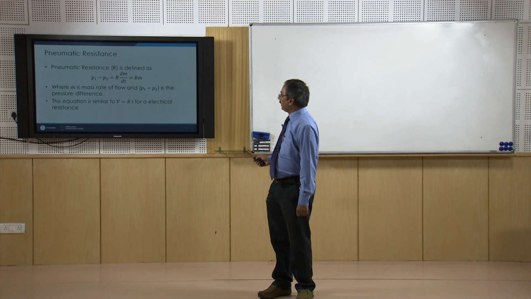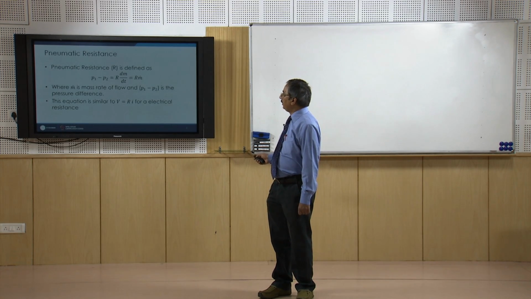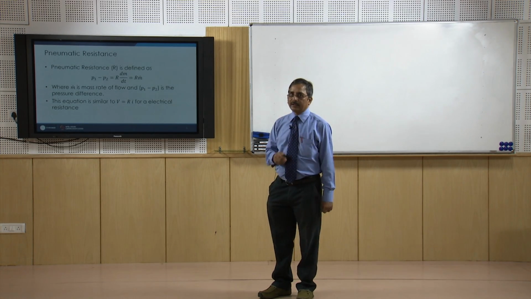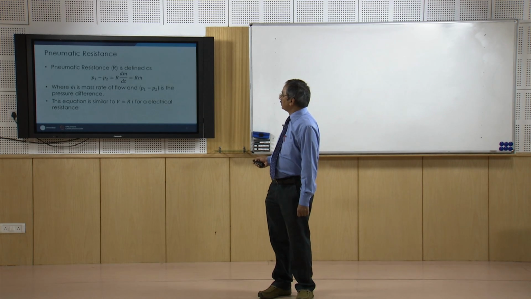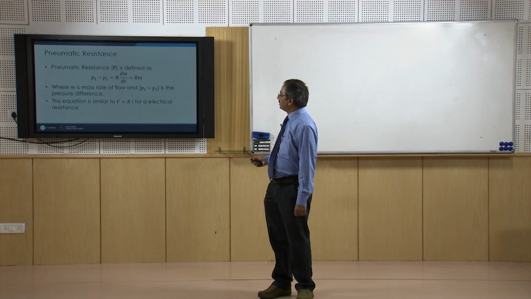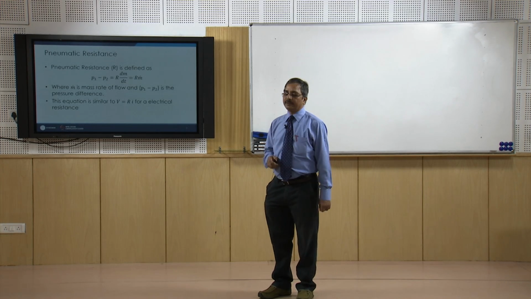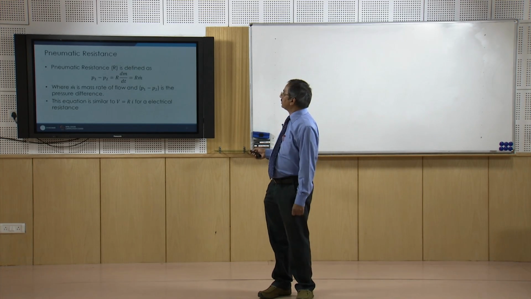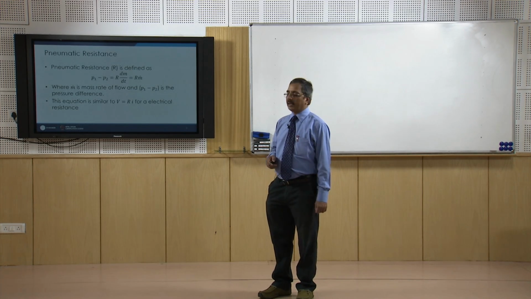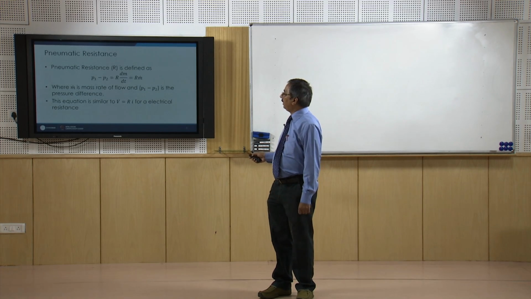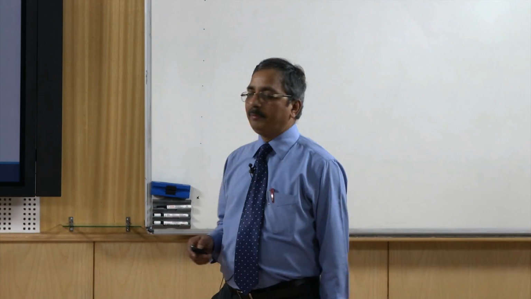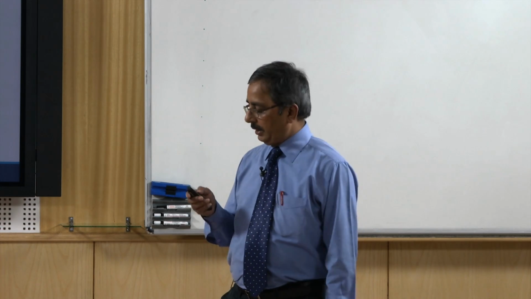The current in the electrical system corresponds to the mass rate of flow in the pneumatic system, and of course, the electrical resistance corresponds to the pneumatic resistance. This way we describe the pneumatic resistance with the help of this relationship, that is P1 minus P2 is equal to R m dot.